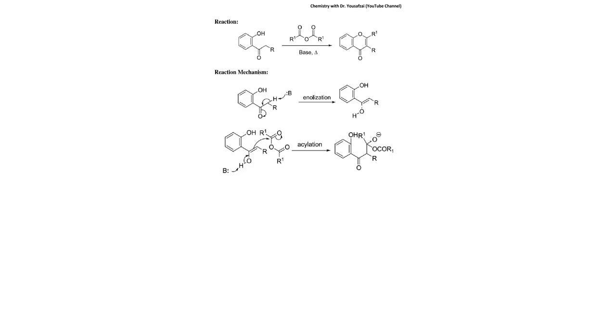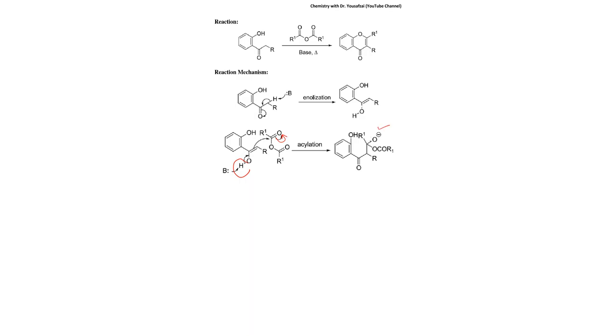In the next step, base will abstract this enolic proton, and this is the enolic proton. As a result, the carbon-carbon double bond of enol will attack the acid anhydride, and the bond will break toward the oxygen atom, and it will get a negative charge.